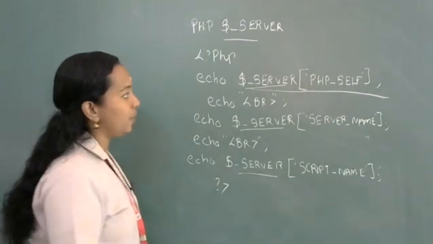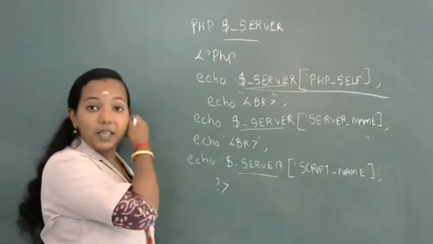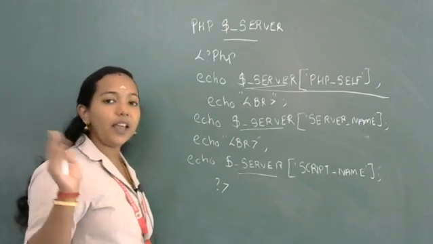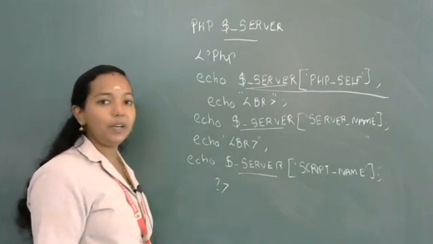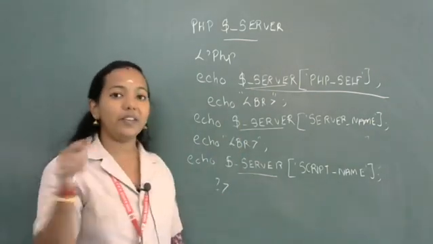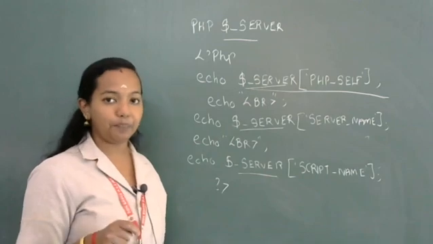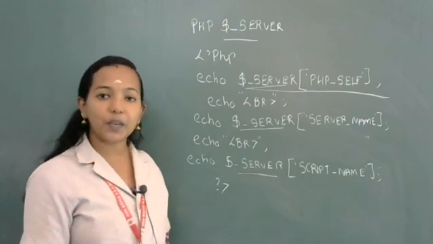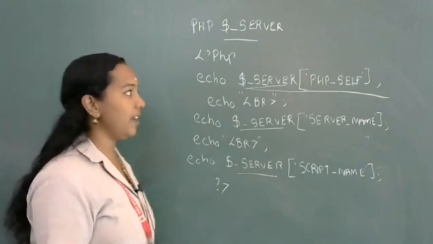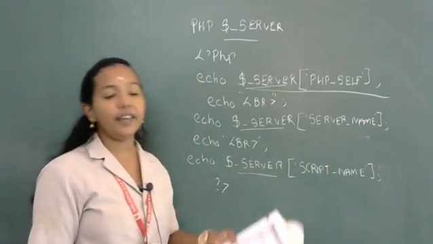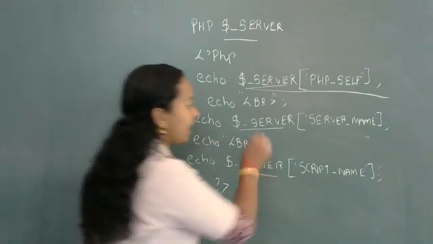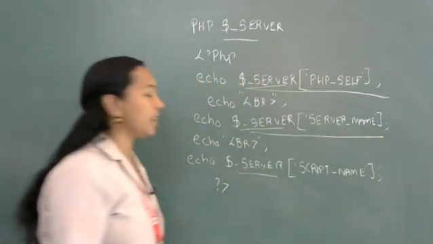For example, if this program is saved as sample.php, then we will get sample.php. Then the second one, $_SERVER server name.